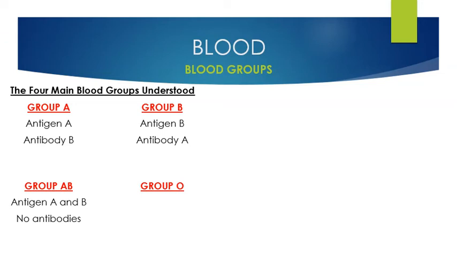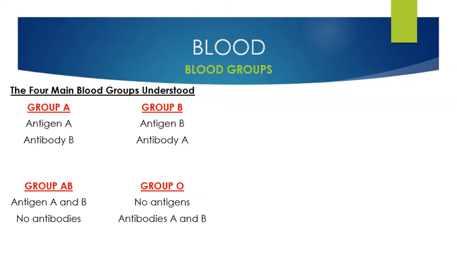So group O and group AB are quite similar, but they are opposites of each other. So if we say opposites, meaning group O won't have any antigens, right? Yeah. And then it will have both antibodies A and B, right? Yeah. So that's what you should remember about the blood groups.